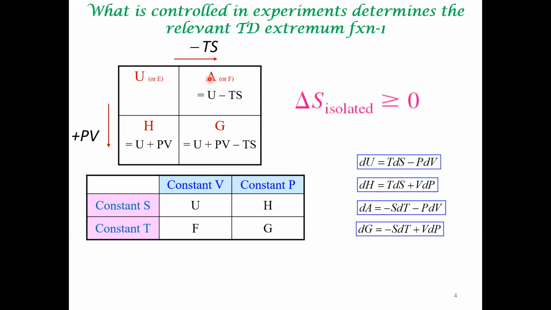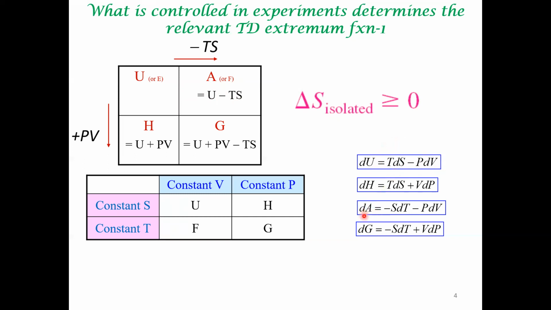How did I get dA? Because A is U minus TS. So when I have dA, I have dU minus TdS minus SdT, right? And for dU, I substitute this form.